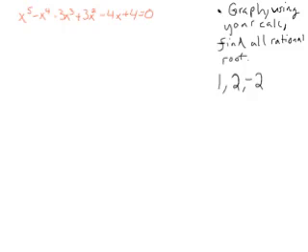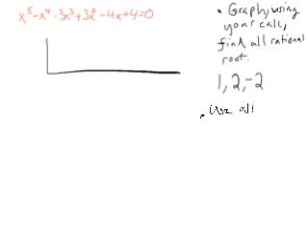So once I find my rational roots, I'm then going to use synthetic division to reduce this equation down to, and usually it's going to be able to reduce to a quadratic equation. There we can simplify it even further. So my second step is to use all rational roots to synthetically divide the polynomial.